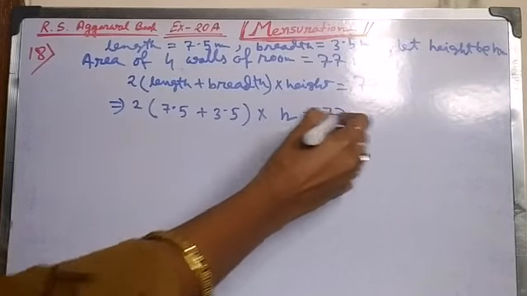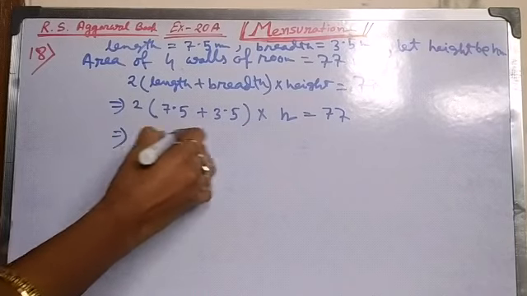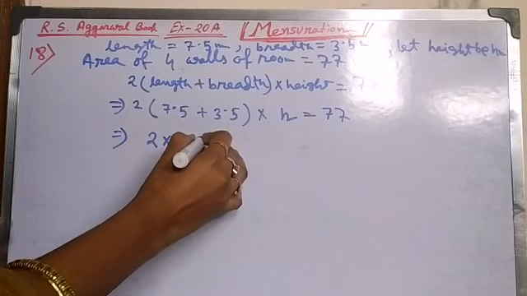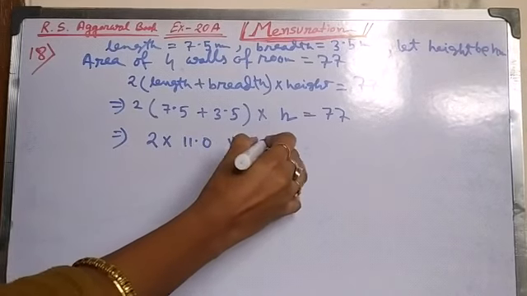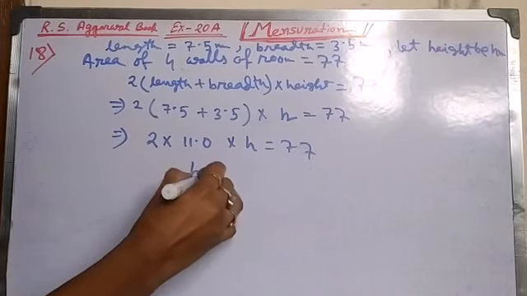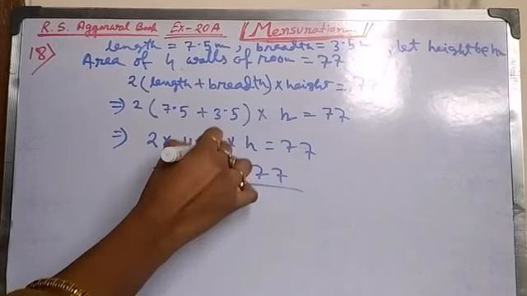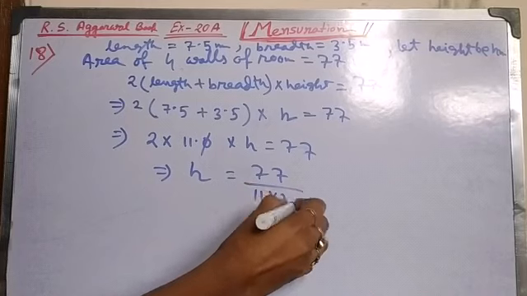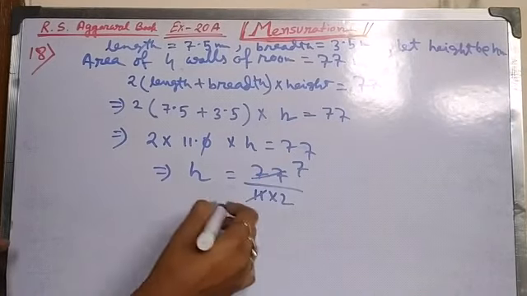Here is 77. Then this will be calculated: 2 into 11.0 into h equal to 77. Then h will be fixed here in the left side. Then 77 divided by 11 into 2. 11 sevens are 77.